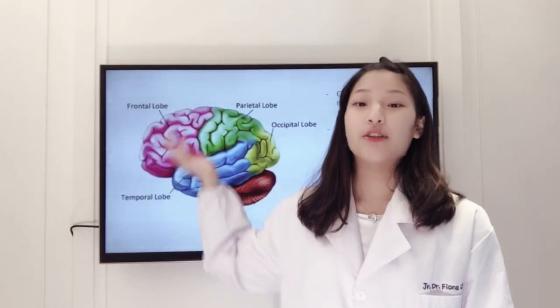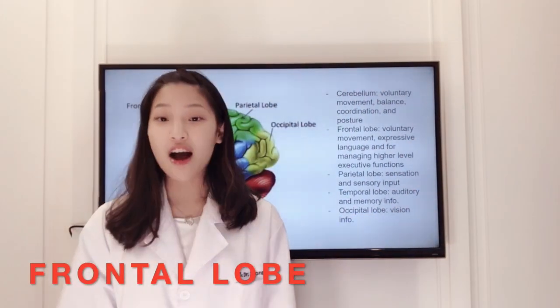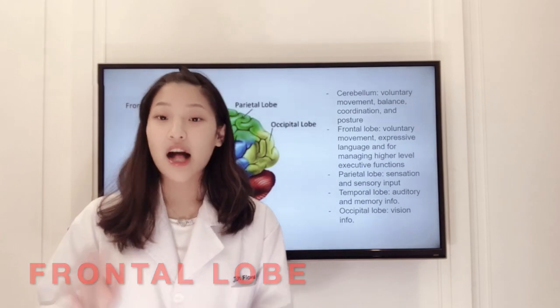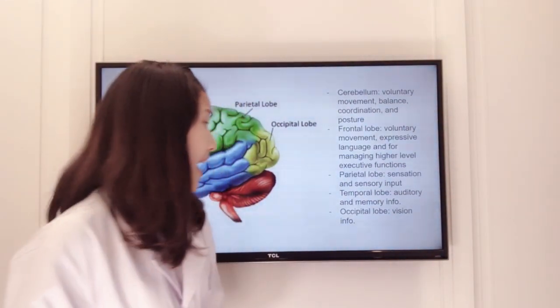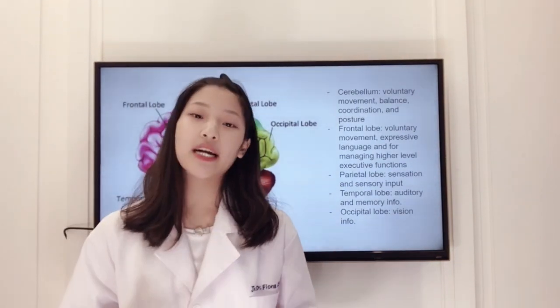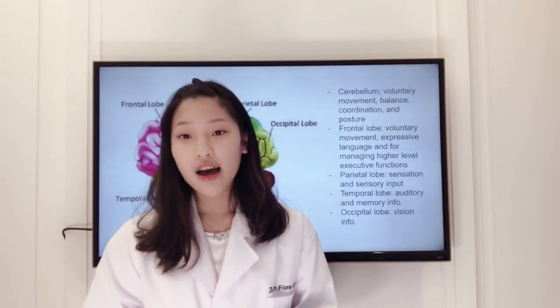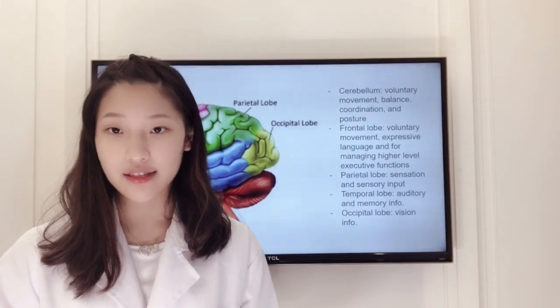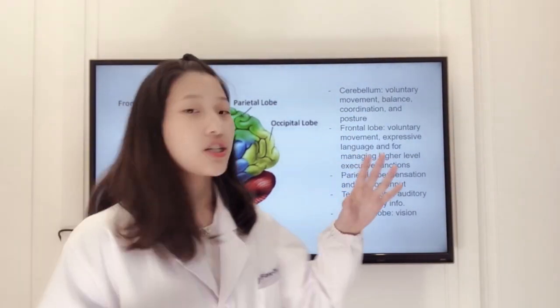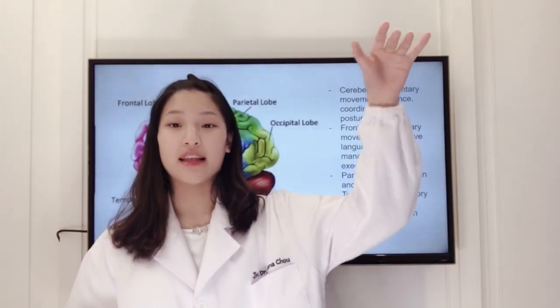So the frontal lobe is in charge of our voluntary movement as well as our languages, and also managing the higher-level and more executive part of our movements and actions. For instance, I'm moving my hand like that.